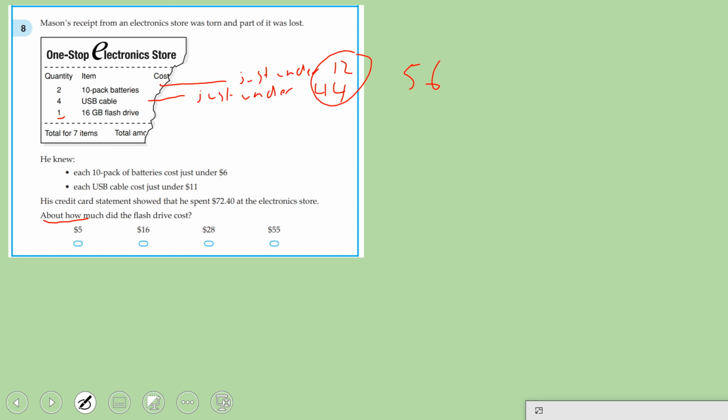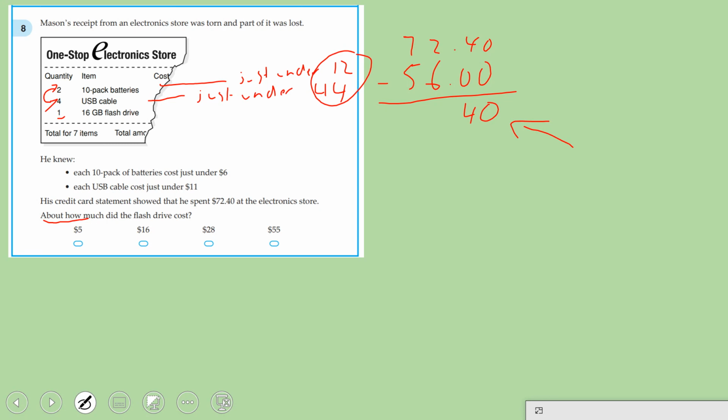Then we've got to look at roughly the difference between the two. So you do 72.40, take the 56, and we want our answer to be a little bit more. Our actual proper answer will be a little bit more than this, because remember, these two lots of items do not cost $56.